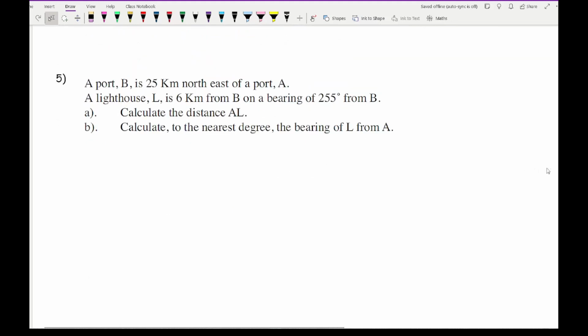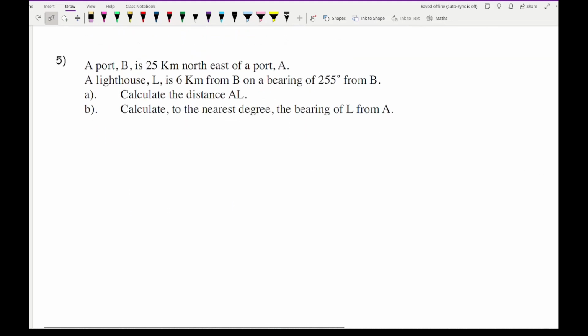Moving on to question 5, it says that port B is 25 kilometers northeast from port A. The lighthouse is 6 kilometers from B on a bearing of 255 degrees from B. Calculate the distance from A to L. So let's have a look at what this diagram would look like.